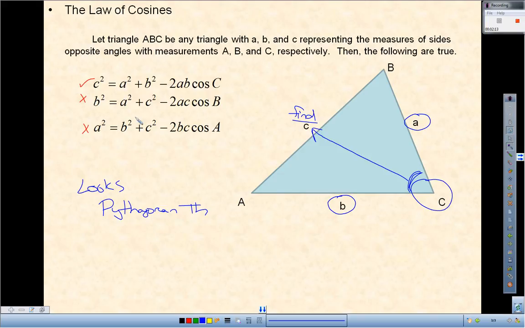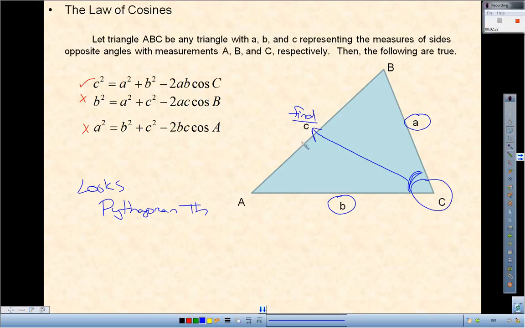In fact, you can derive the law of cosines from the Pythagorean theorem. If I just covered this up, you see a squared plus b squared equals c squared. The only thing that's extra is this minus 2ab cosine C stuff. So that's why this works for any triangle that might not necessarily be a right triangle.